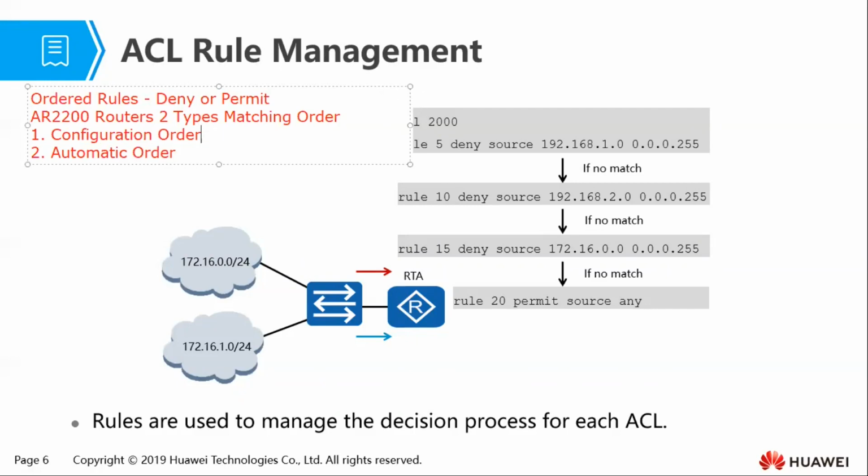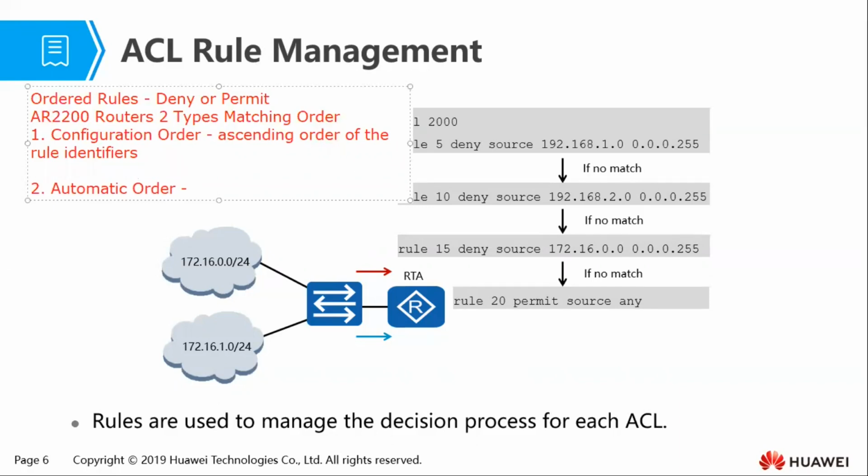The configuration order evaluates rules in ascending order of the rule identifiers. So every rule has an ID, and rules are evaluated in ascending order of the rule identifier.